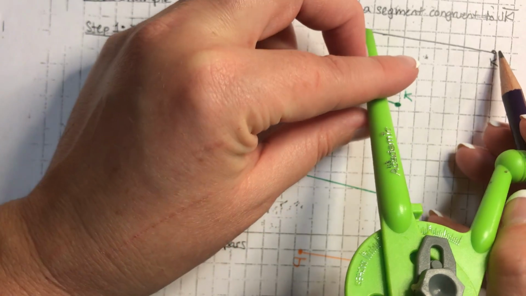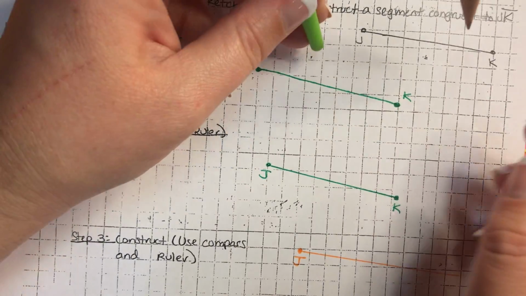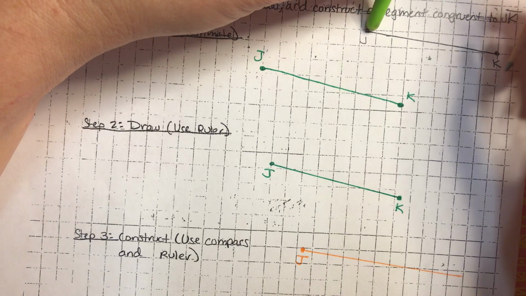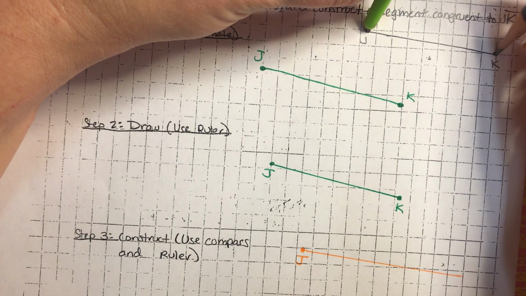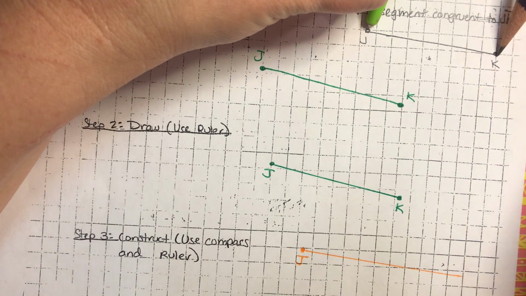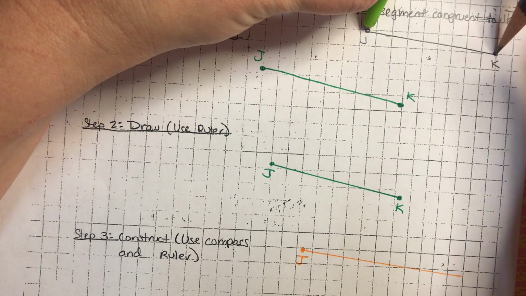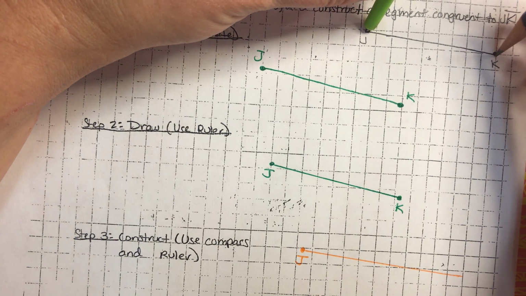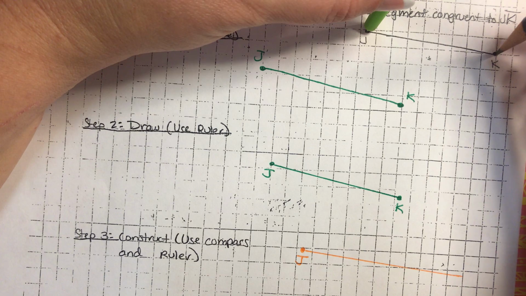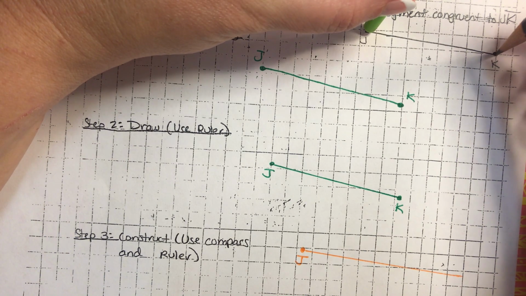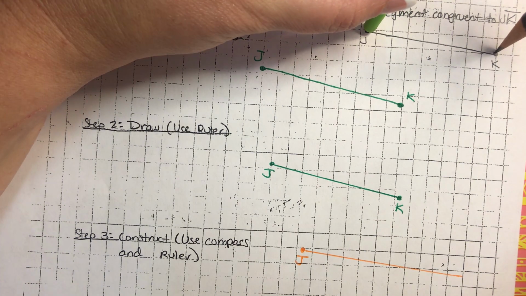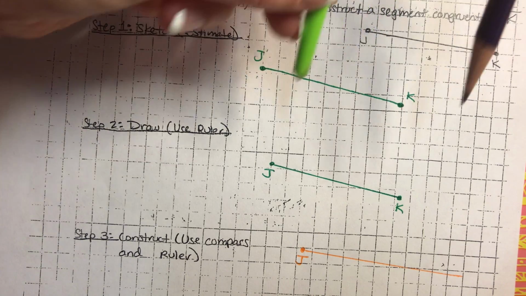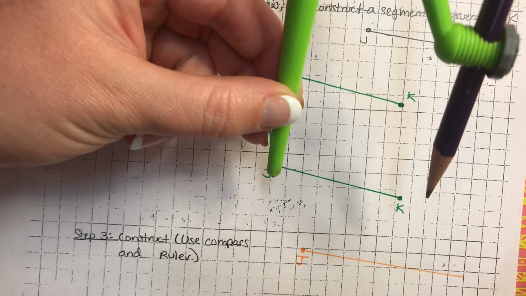I always have it straight up, but for you guys to see, it's easier if it's kind of over like this. So I'm just marking that distance, and that looks about right. So that holds that distance in place.